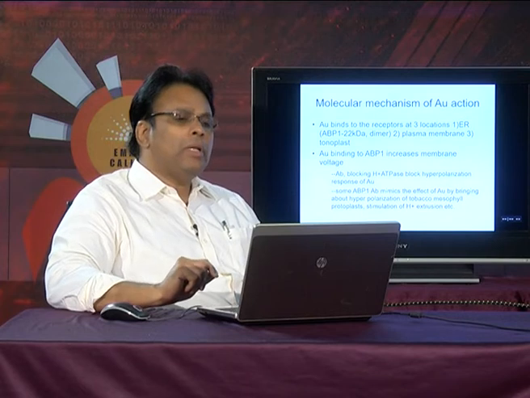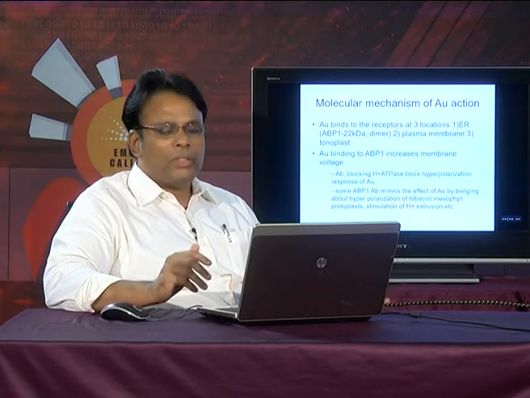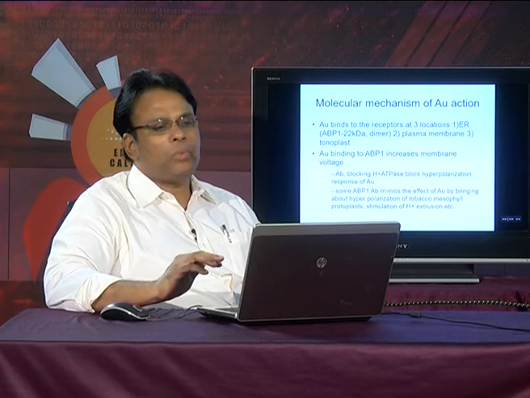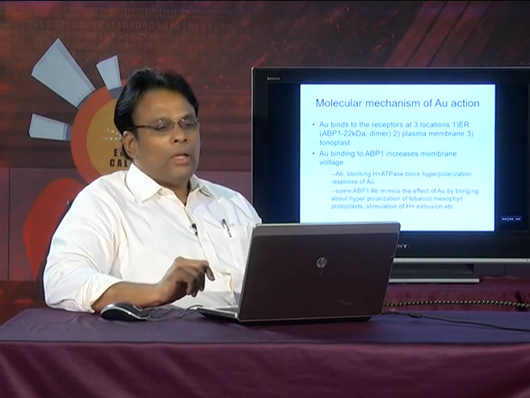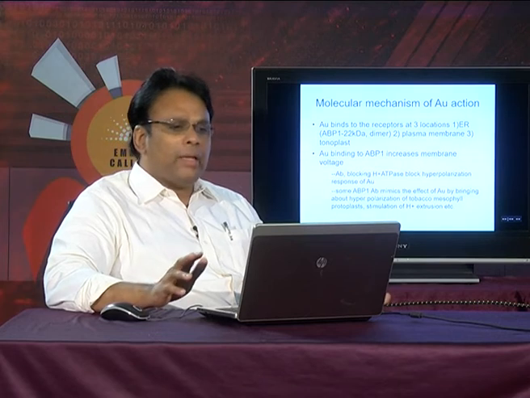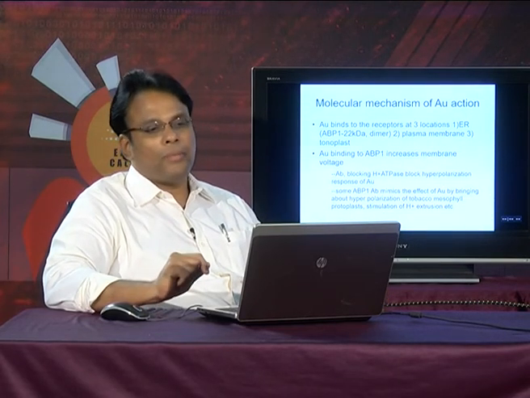Now, this is a very important topic, as we are coming to the end of the auxins chapter, where we will be explaining more on the molecular mechanism of auxin action. And whenever the auxin is applied, you know that it will come and bind to a receptor protein.